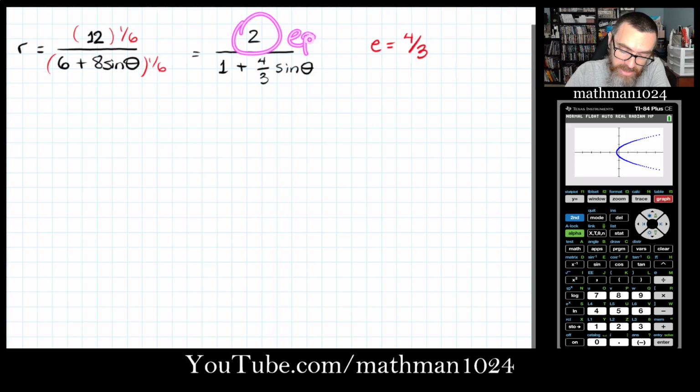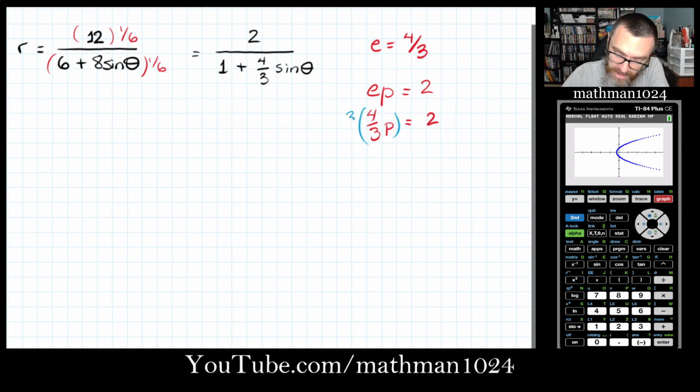This guy is e times p. So doing a bit of work here, e times p is 2. E is 4/3. And I want to get rid of that 4/3, so I multiply times 3 over 4. And then we reduce.